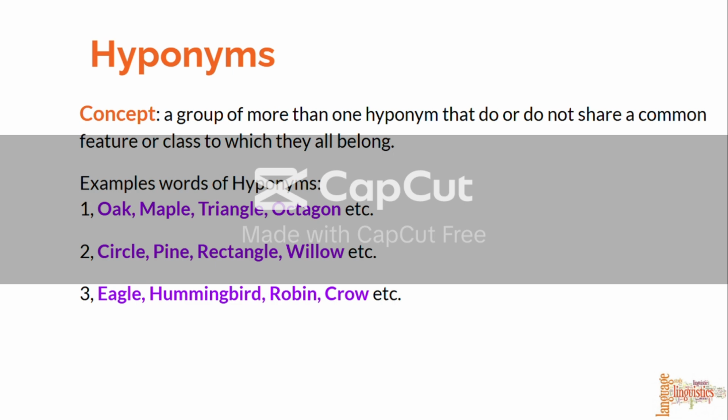Each of the words is referring to a specific object, and in whole they don't share a common feature with each other. And let's look at the second example. In the group of circle, pan, rectangle, and willow.